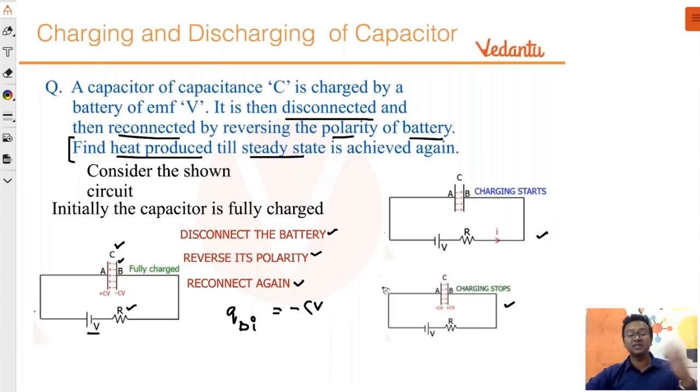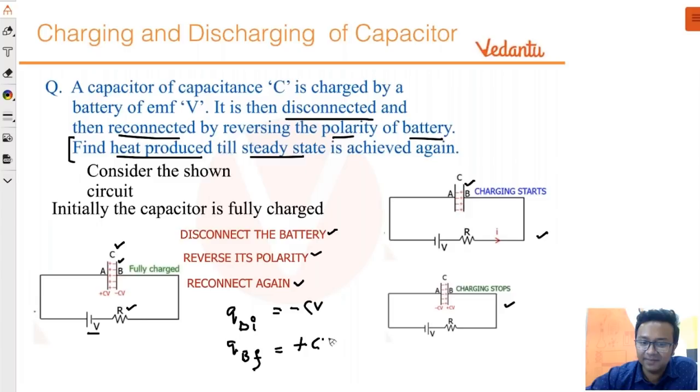And after I have disconnected and reconnected, the charge on plate B finally has become plus CV.